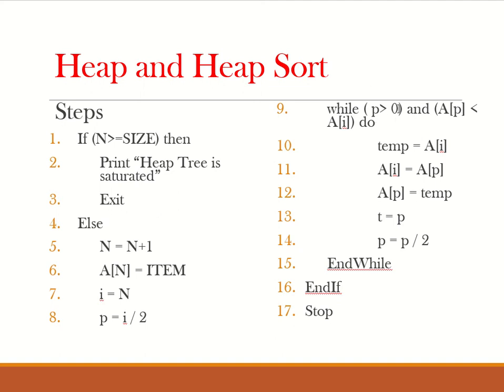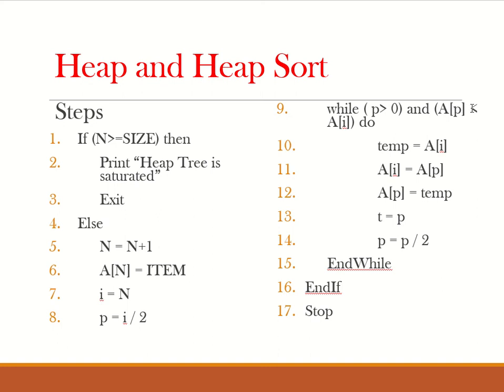So p equal to 0 implies the node which was just inserted was a root node. Otherwise, since this is a max heap, you have to ensure that the parent has a value greater than the child.